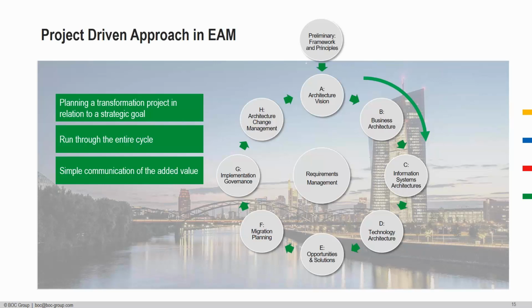So all of the transformation project planning is focused around the individual goals you have defined in the early stages of the ADM. You can then use the ADM cycle to do one full iteration, all the time being focused on delivering one specific goal or strategic objective. And when the project is over, the goal is to communicate the benefits and added value to all of your different stakeholders involved, and especially to the project sponsor who would have supported the full execution.